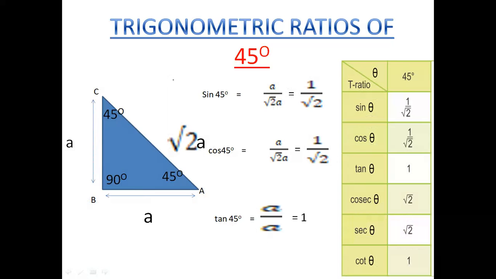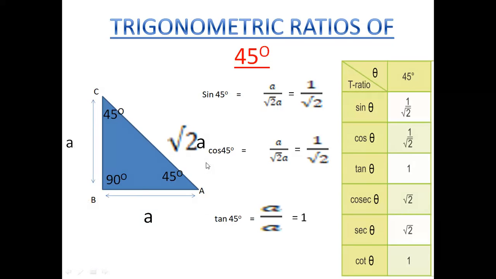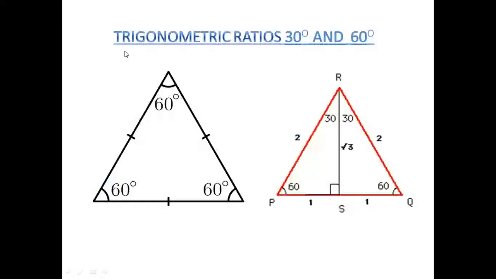Now, let us go to the trigonometric ratios of 30 degrees and 60 degrees. For this one, we have to take an equilateral triangle because every angle is equal to 60 degrees.